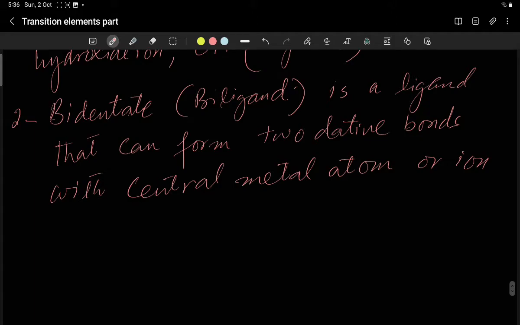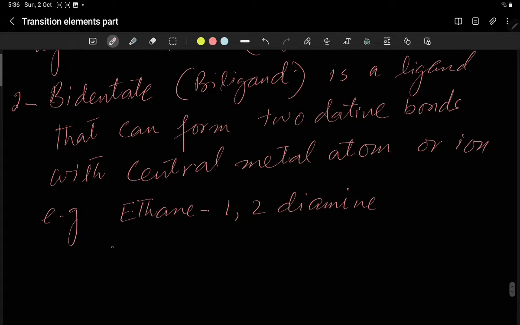In other words, it can donate two lone pairs of electrons. An example is ethane-1,2-diamine, represented by en.